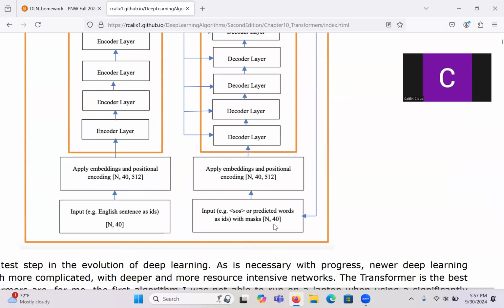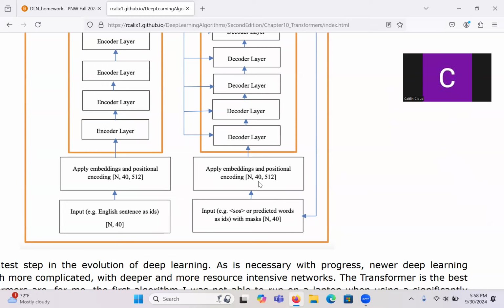N by 40 means batch of n, which are separate sentences. 40 is the length of the sentence, right? 40 words, for instance. Then notice over here, same thing happens. Apply embeddings and positional encoding. Do you guys see that? So notice that the tensor goes from n by 40 to n by 40 by 512.